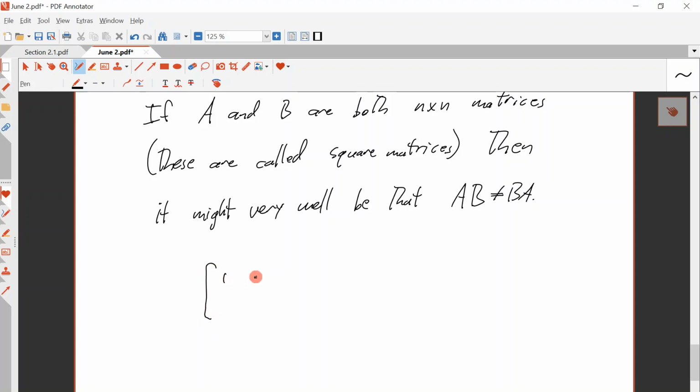So let's just say 1, 2, 3, negative 1. And let's multiply by 1, 1, 0, 1. Okay? So, for example, if I do the product here, row 1, column 1 is 1 plus 0. Row 1, column 2 is 1 plus 2, so that's 3.